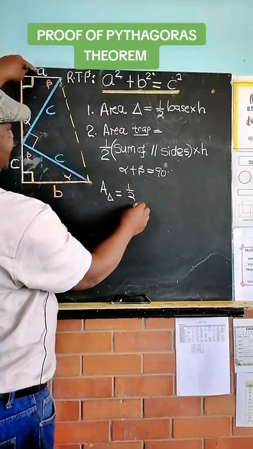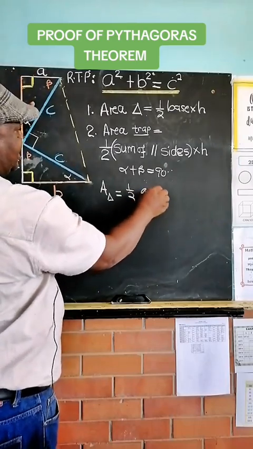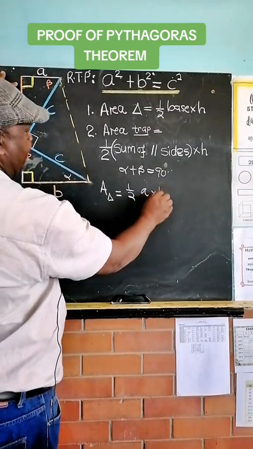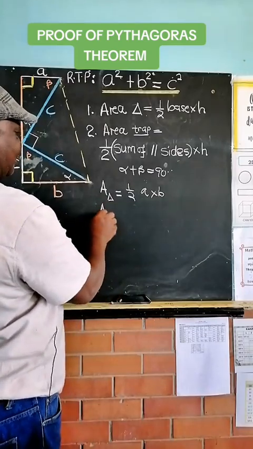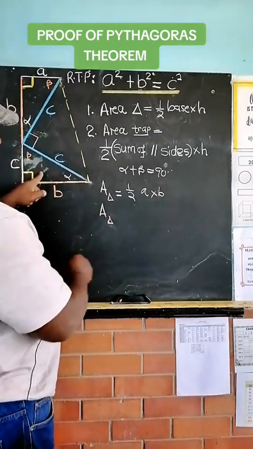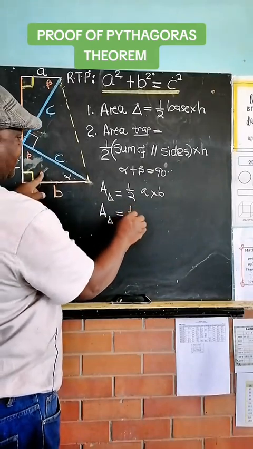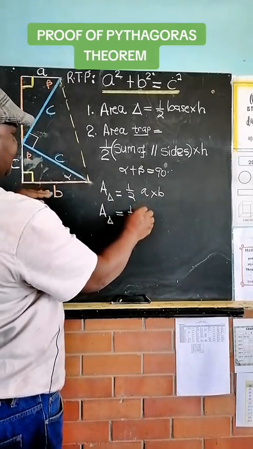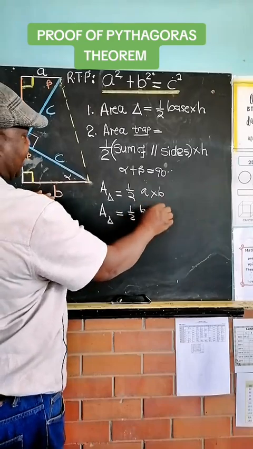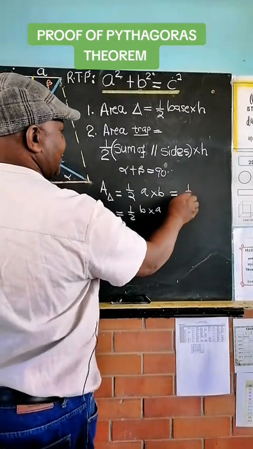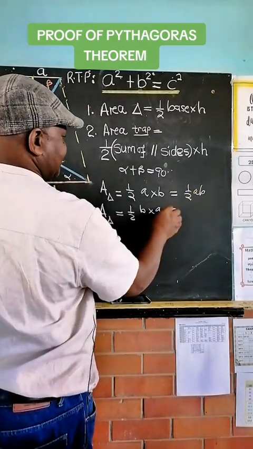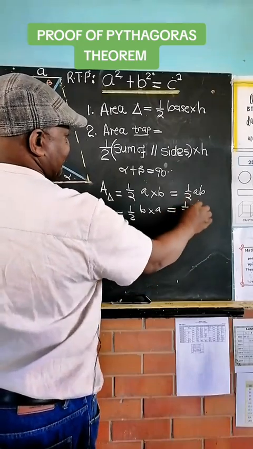If I let my base be A, then my height shall be B. Then also, area of this triangle should be half base, which is half of B multiplied by A. If I simplify this, this will simply be half AB. This is half AB as well.